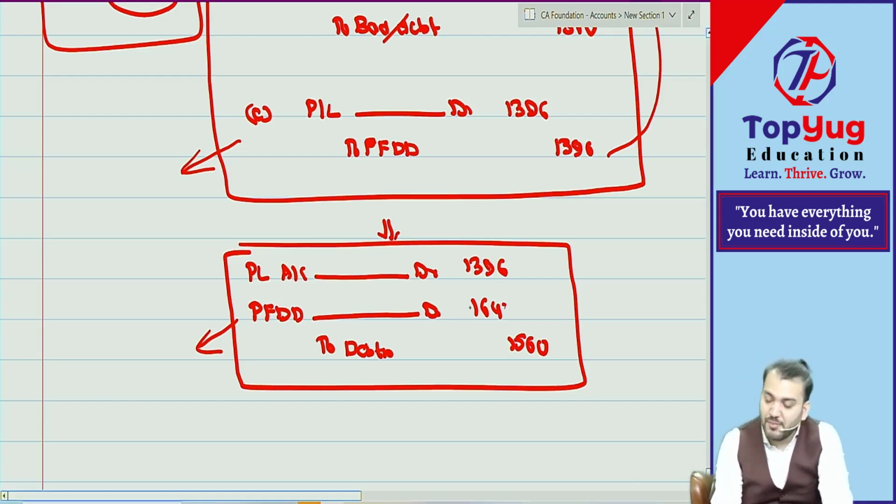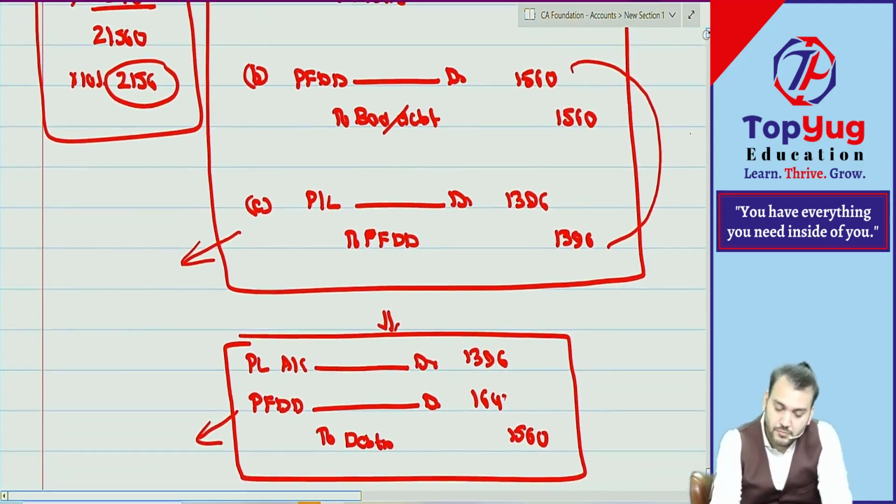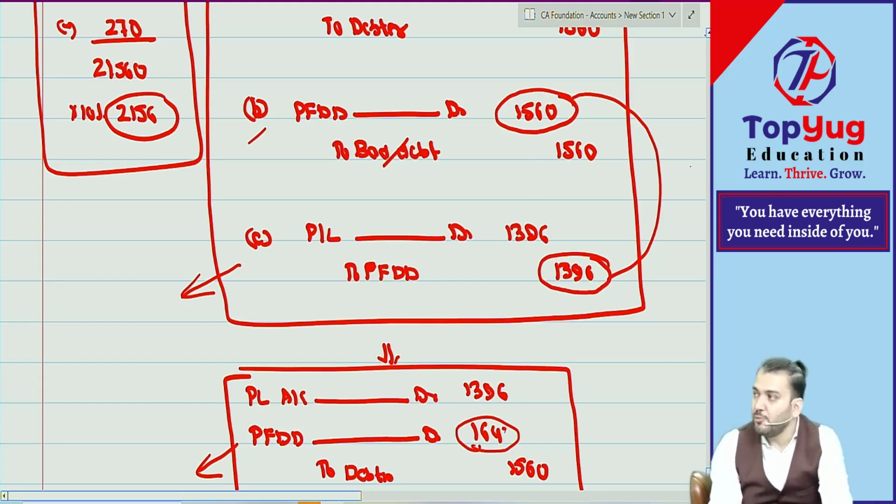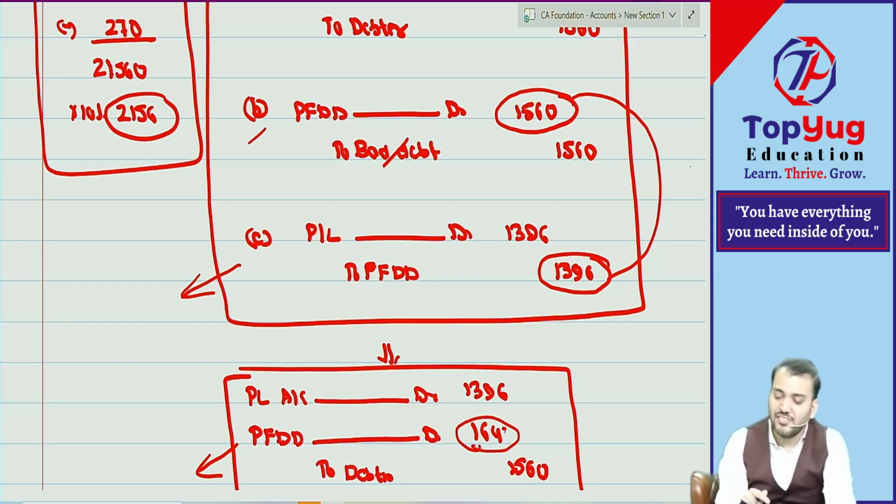Why have you debited by 164? Point B. How much have you debited? 1560. How much have you credited? 1396. The difference will be debited if you want to compound. No, we are not cancelling here, we are compounding.